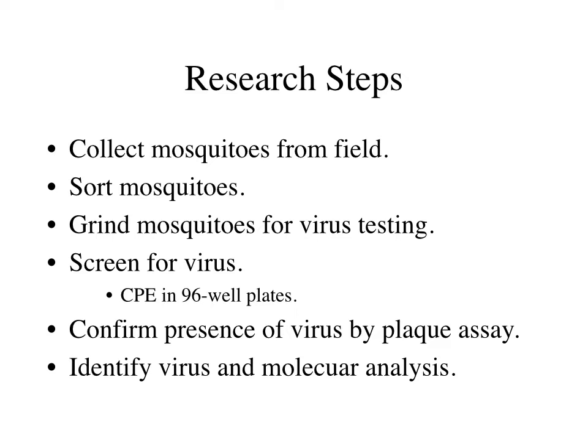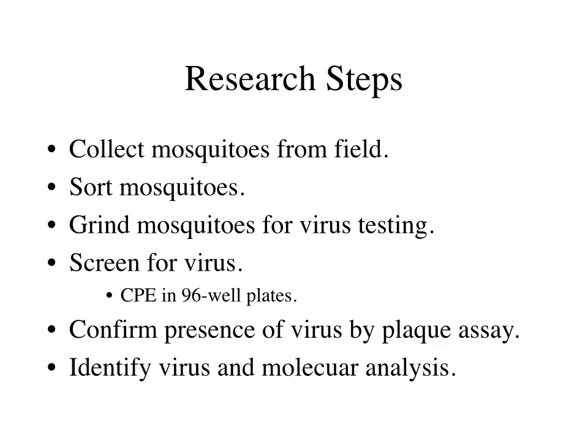We'll again separate them by trap number and date and so on. And even with pooling, we ended up with over 400 pools of Aedes japonicus. So that was still a lot of samples for us to have to analyze. But this pooling of your specimens is a standard part of doing any kind of research like this involving collecting mosquitoes in the field.